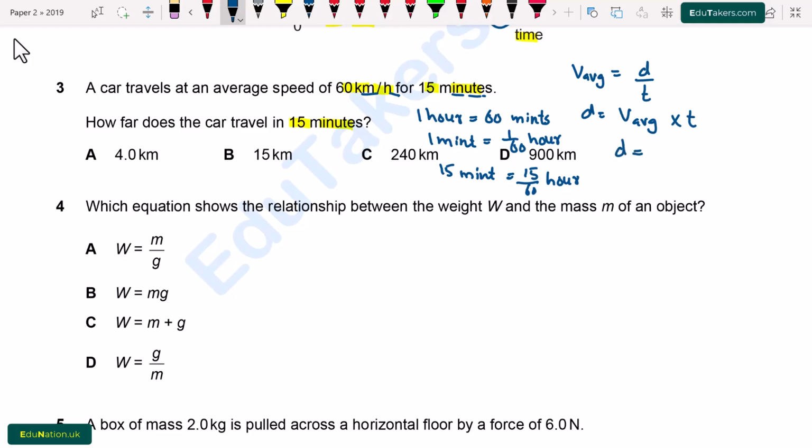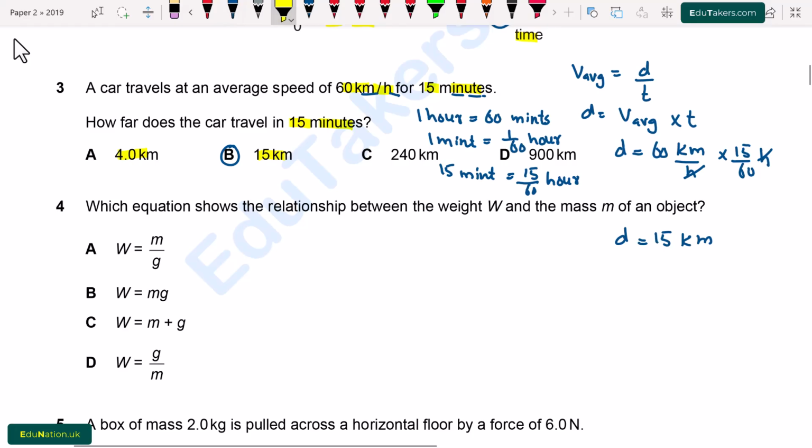Distance will be equal to 60 kilometer per hour multiplied by time, which is 15 over 60 hour. So this hour cancels by this and distance will be equal to 15 kilometer. Now we see the options. Option A 4.0 kilometer, B 15 kilometer. So option B is correct.